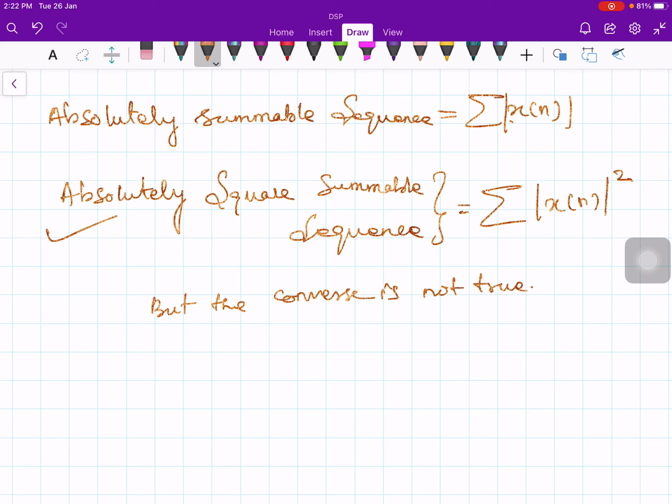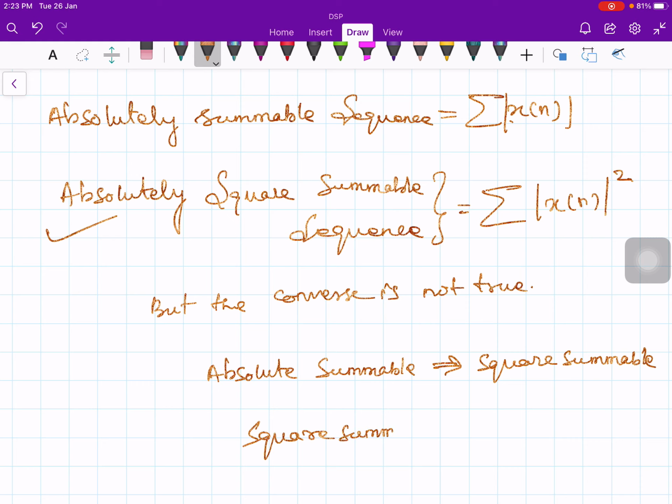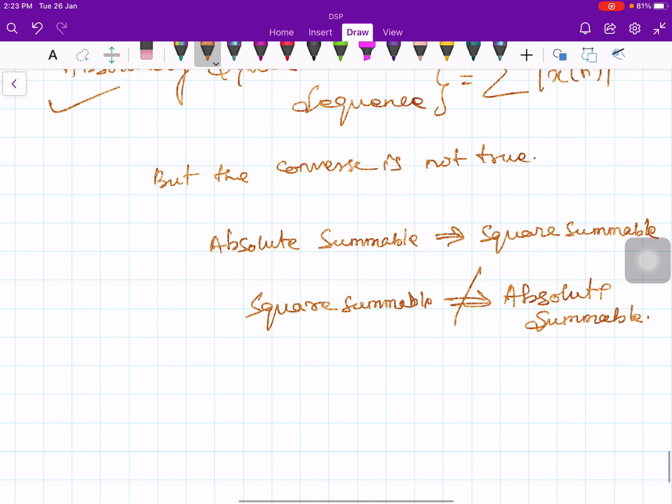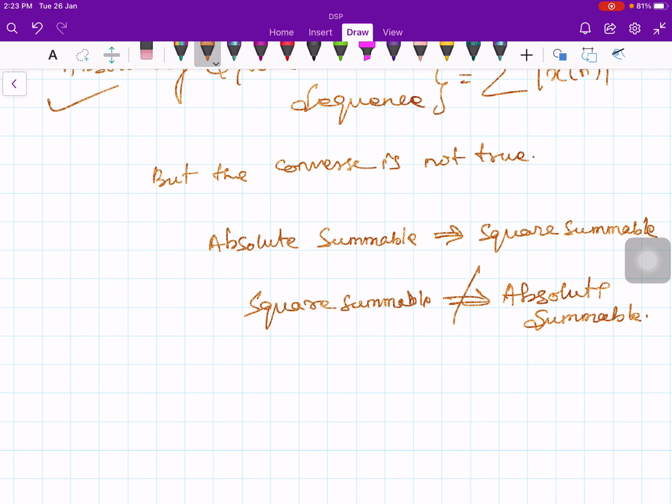That means absolute summability implies square summable, but square summable does not imply absolutely summable. It is not necessarily absolutely summable. That's what we have shown in the example.